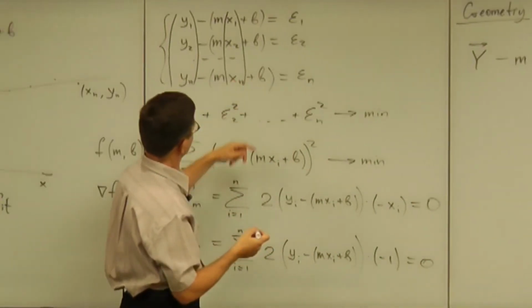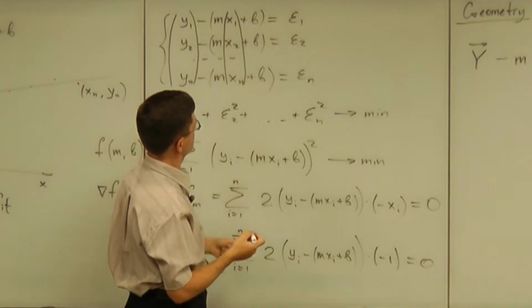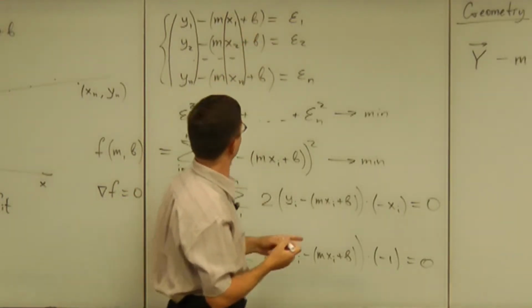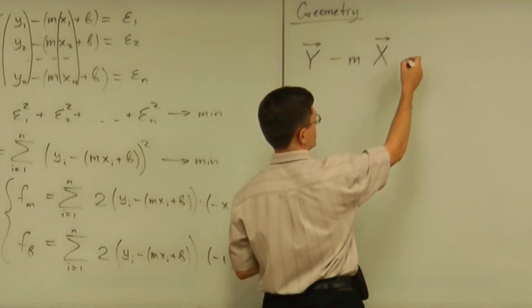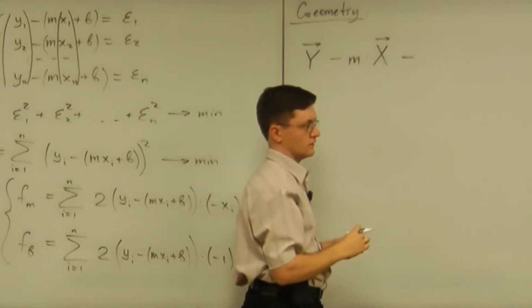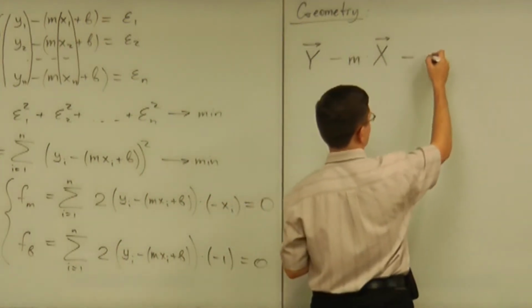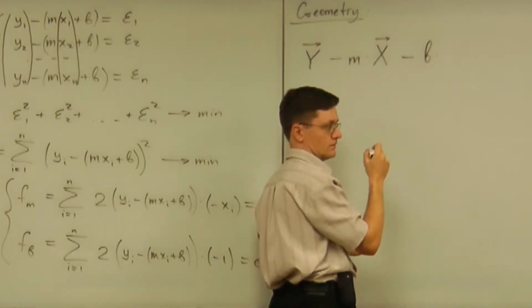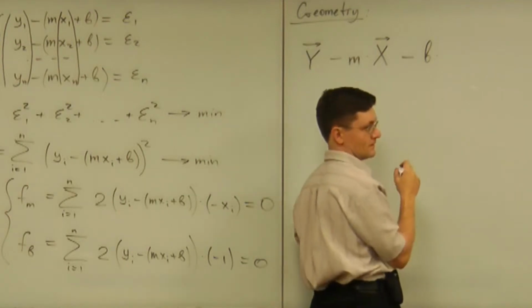And then, what do I do with all those b's that I have to subtract? Well, that looks like the same number b multiplied by a vector. What kind of vector?